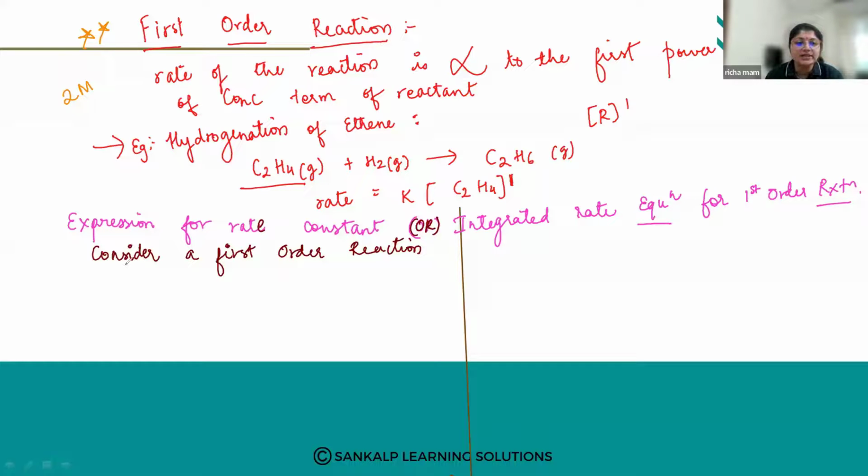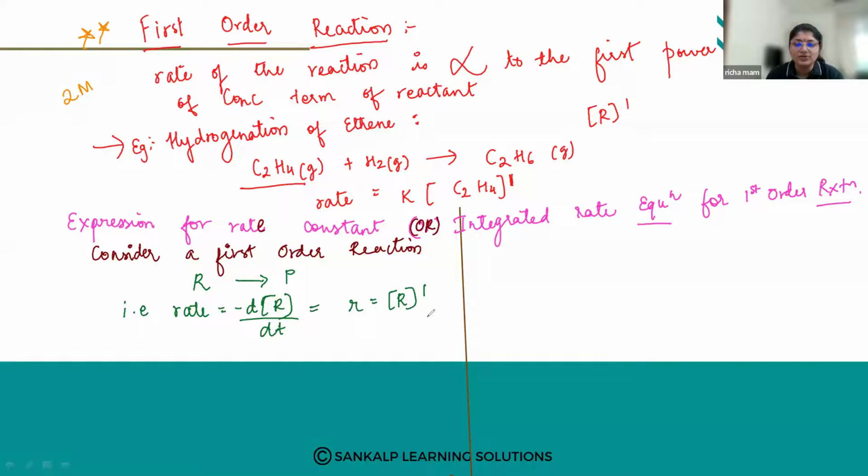Consider a first order reaction, reactants giving products. According to the first order reaction, what is the rate? Rate is equal to minus d[R]/dt, that is, rate is equal to the concentration of R raised to the first power.